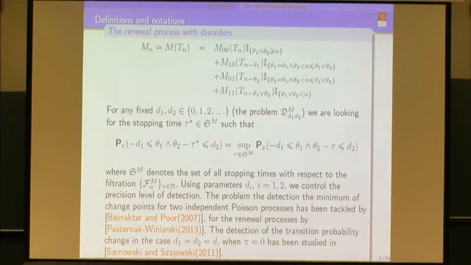The question is what I need to know to construct a reasonable algorithm to determine the minimum of tau 1, tau 2. The problem for two independent Poisson processes can be found in the paper by Bayraktar and Poor, and for renewal processes by Pasternak-Winiarski in his PhD thesis.